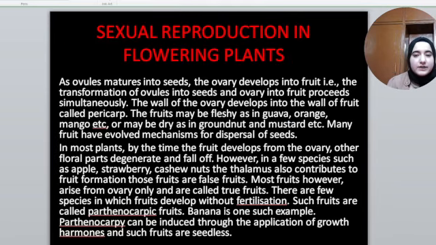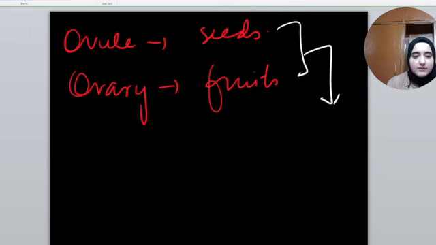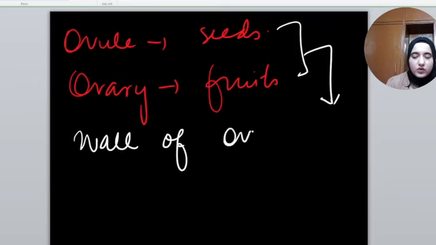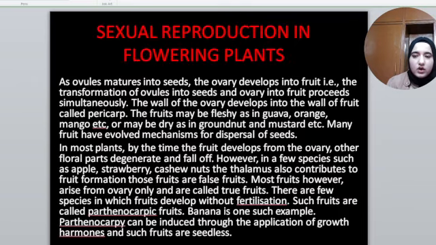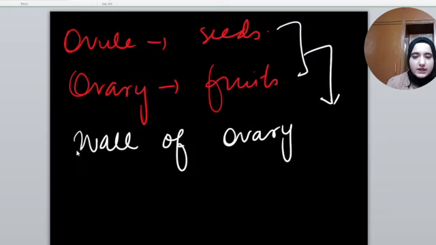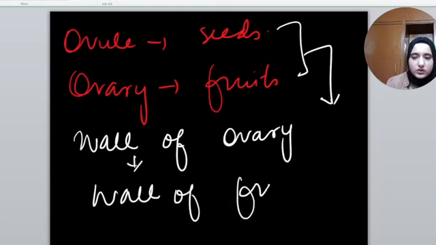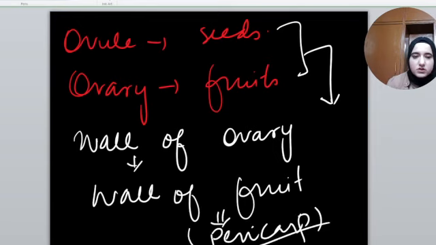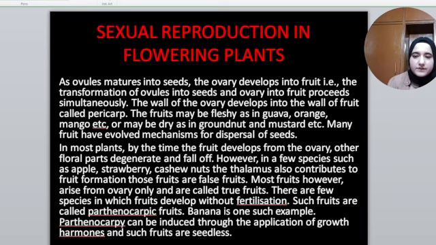The wall of the ovary will get converted into the wall of the fruit, which is known as pericarp. I hope this concept is clear, right?